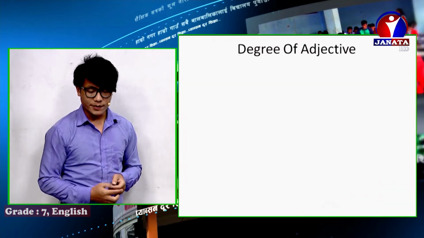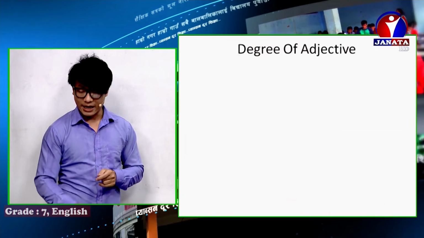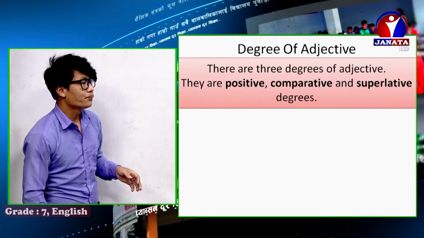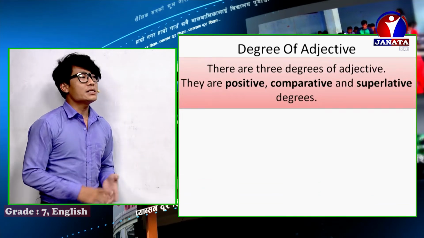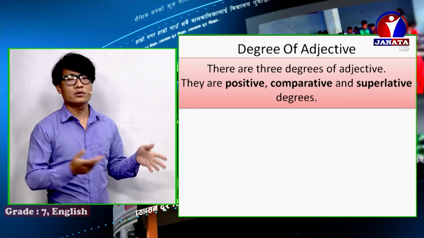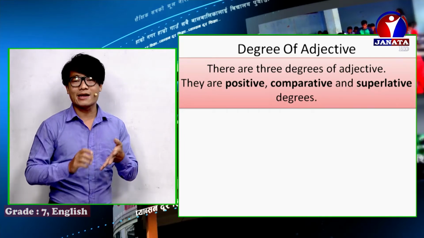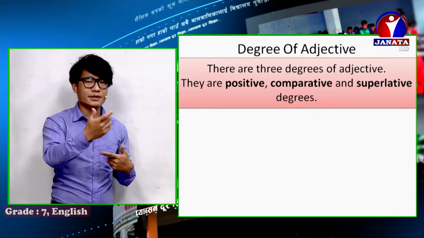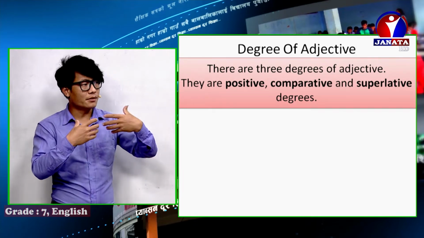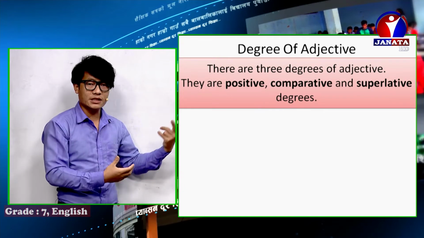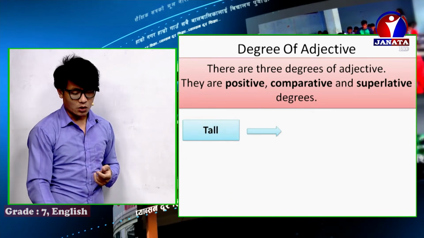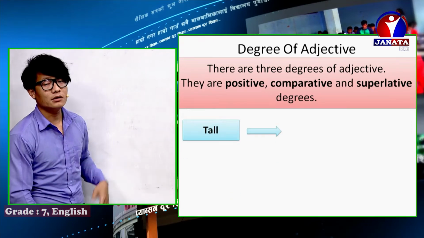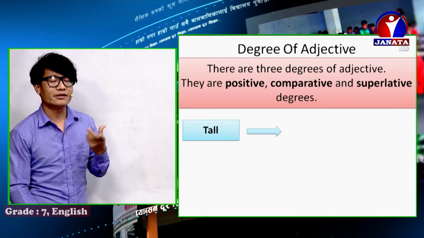Now we will start degrees of adjective. First of all, there are 3 degrees of adjective. They are positive degree, comparative degree, and superlative degree. And comparative degree and superlative degree are formed from positive degree. Okay. So let me show an example. Tall, T-A-L-L, tall.